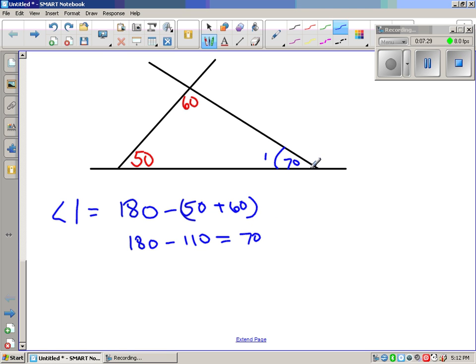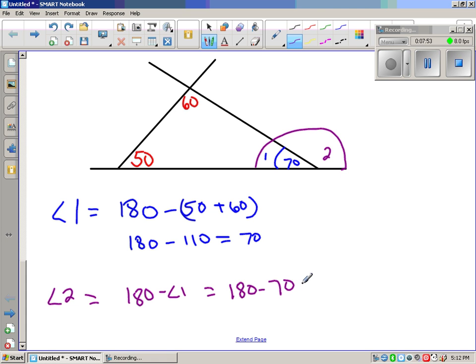Once you know that angle is 70 degrees, you can find angle 2 by saying that angle 1 and angle 2 make a straight angle. So that's equal to 180 degrees minus angle 1, which is 180 minus 70, equal to 110 degrees.